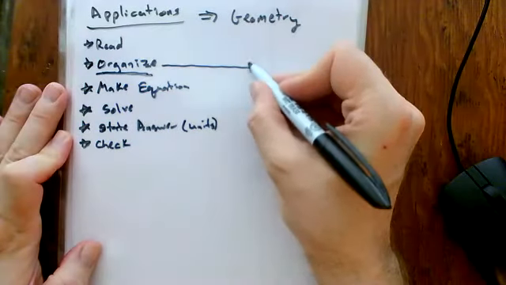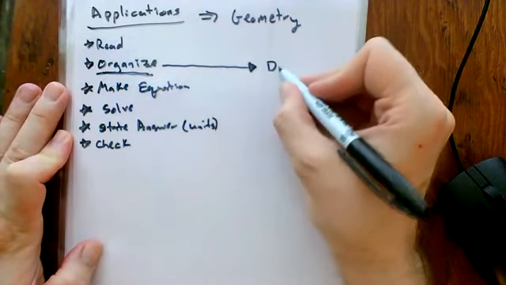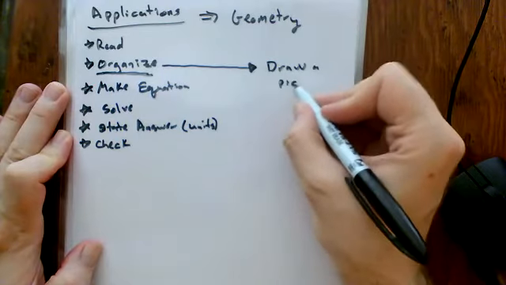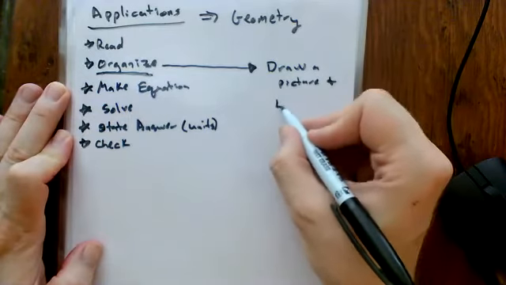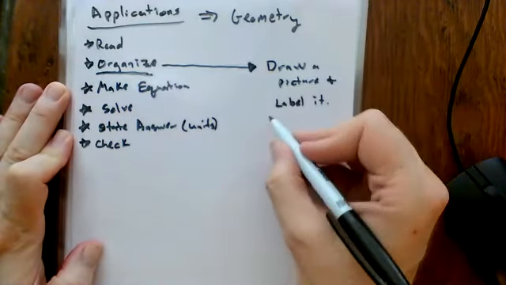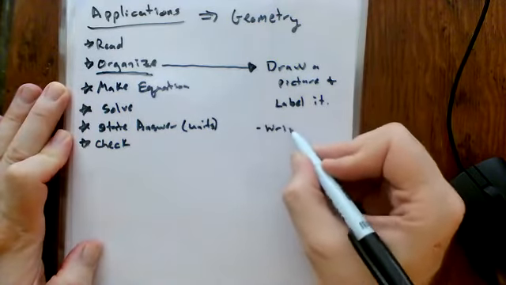Whenever we've got a good geometry question, I like to say, draw a picture and label it. It also is going to help for you to write down any formulas you're going to need.